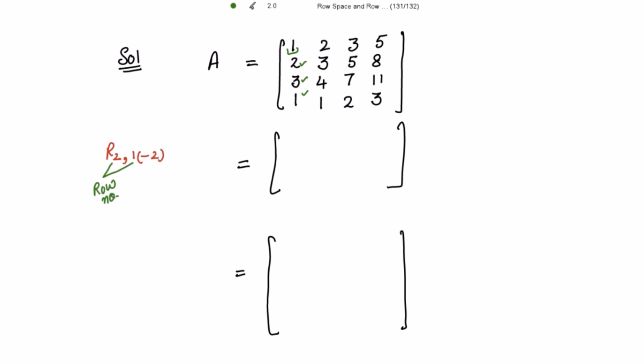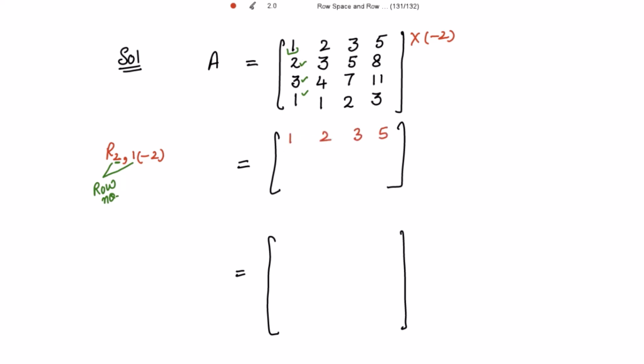And the row you need to change is mentioned first, because I need to change row 2, so writing here R2 first. Multiplying the elements of row 1 with -2 and then adding this to the elements of the second row. So I'm going to change the second row, writing the first row as it is first.